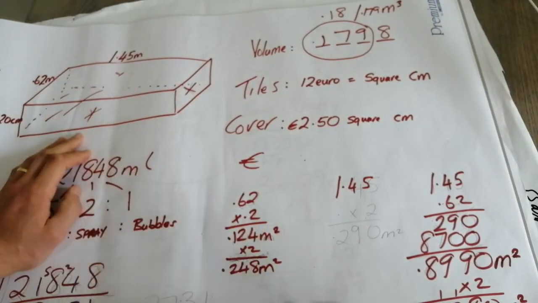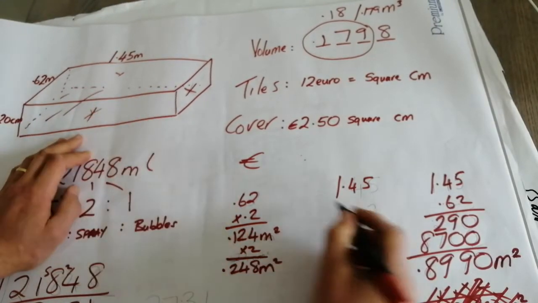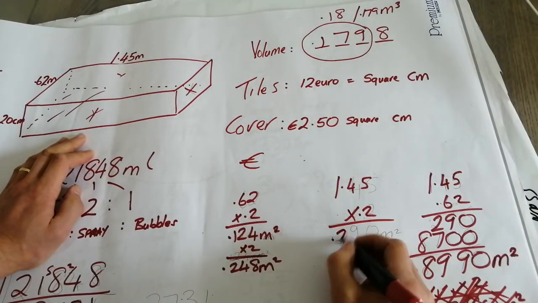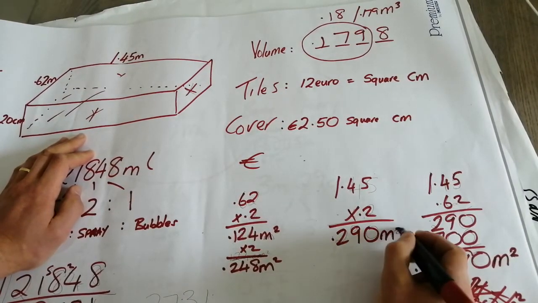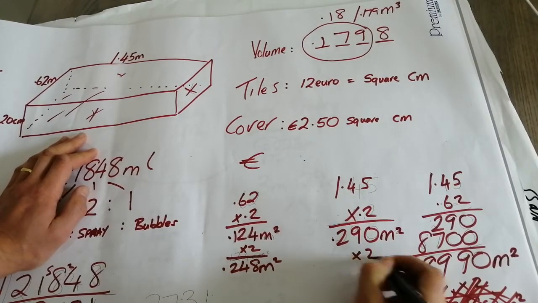And of course only one of them, because you don't put tiles in the top part, that's where the water goes, so that can all go away. Okay, and the y part here is by 0.2, and that gives me 0.290 meters squared. And there's two of them sides.